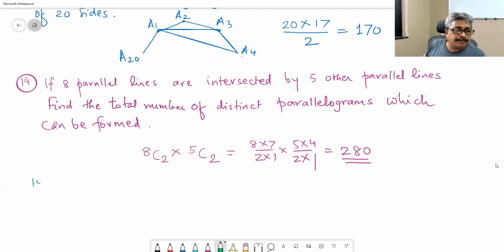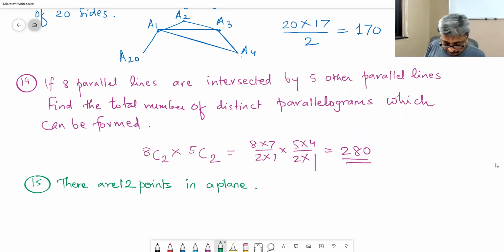Problem number 15. There are 12 points in a plane. Five are collinear.